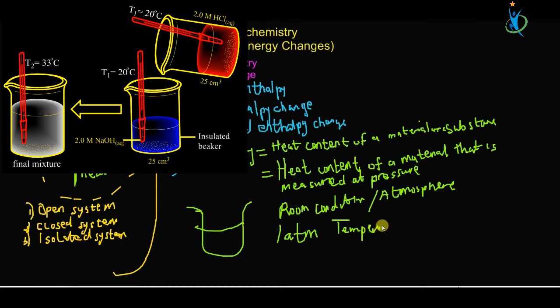The room temperature is usually around 25 degrees Celsius, which is equivalent to 298 Kelvin.